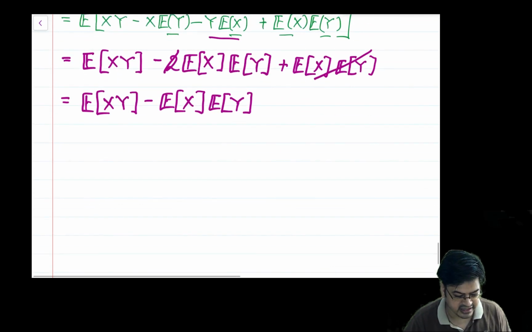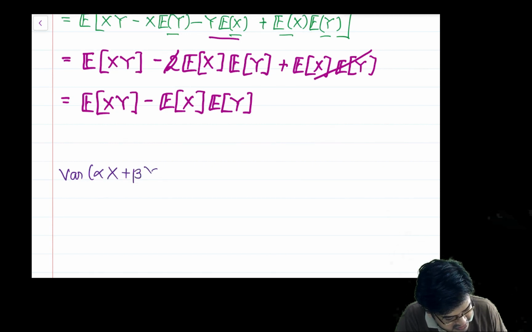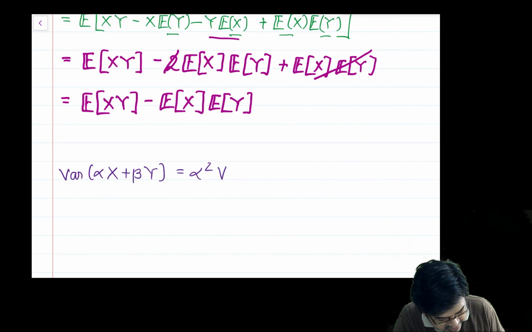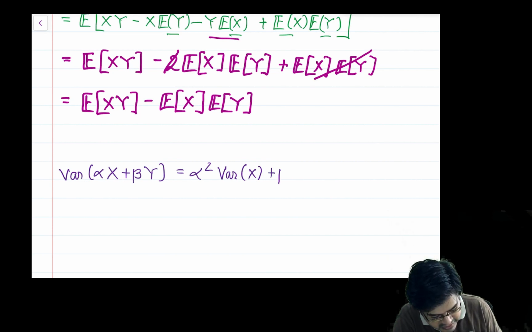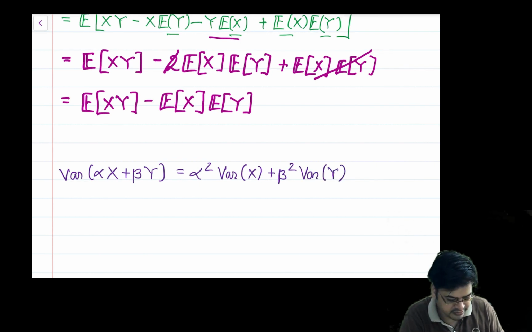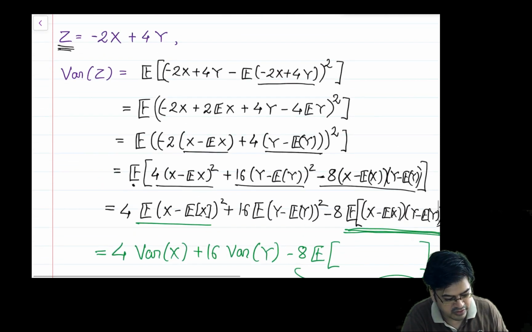Let me write a general formulation of variance of alpha x plus beta y. I have shown you a specific case, but let me write it in a general way. This will be alpha square times variance of x plus beta square times variance of y, which is visible here.